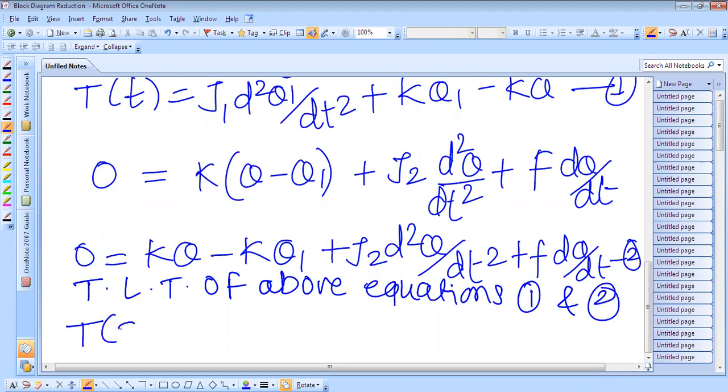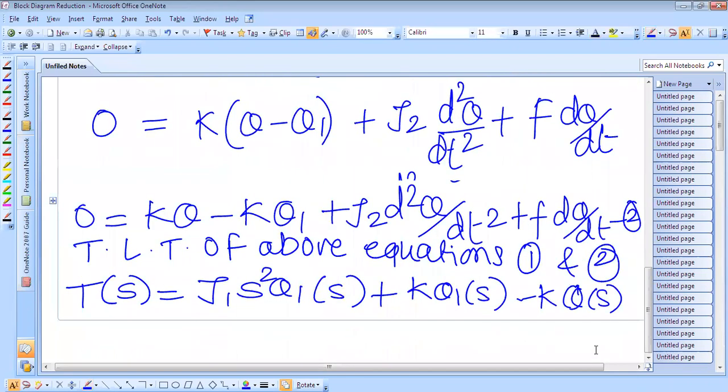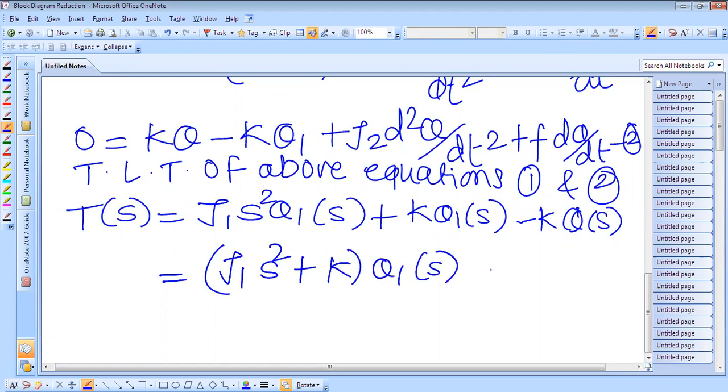So T of S is equal to J1 S square theta 1 of S plus K into theta 1 of S minus K into theta of S. So we'll take theta 1 of S on one side: J1 S square plus K, times theta 1 of S, minus K theta of S, equals T of S. This is equation number 3.